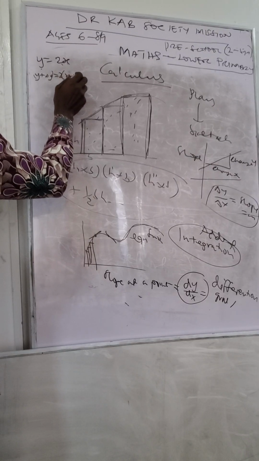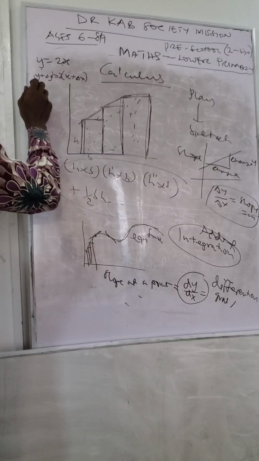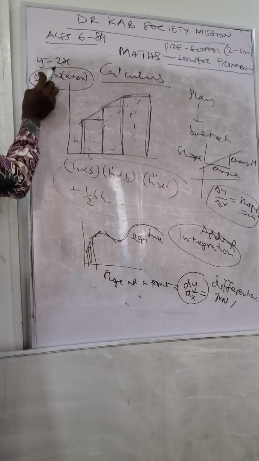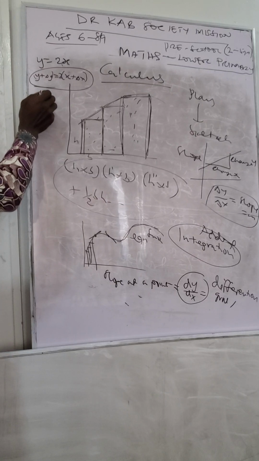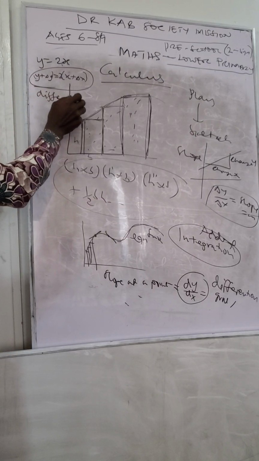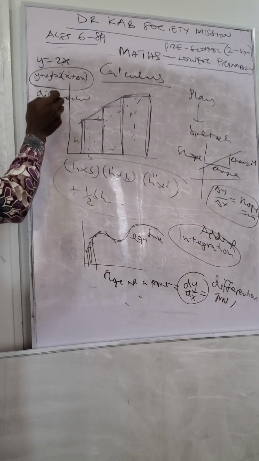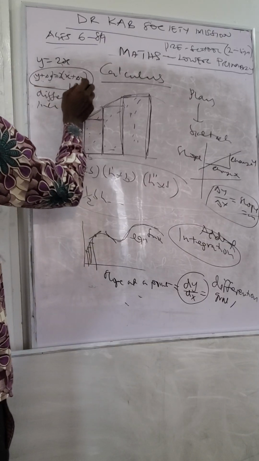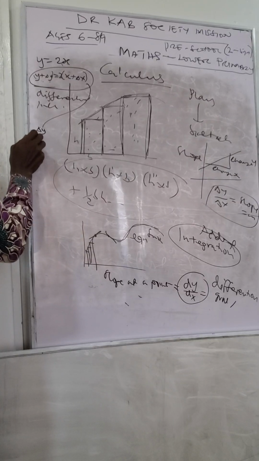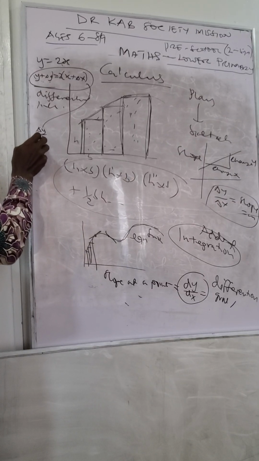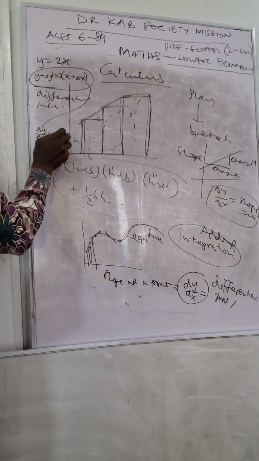So x is also going to have something small added to it. When we are doing something like this, something small added, we call that calculus. We can use the differentiation or integration method. So if we work it such that we have a small change in y, small change in x, we are talking about what we call differentiation.